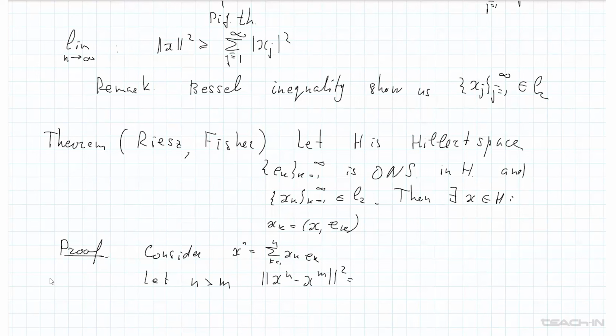We do this calculation, so I write it briefly. You can check it. It is just this sum for j from m plus 1 to n. And of course, it tends to 0 as n, m tend to infinity.